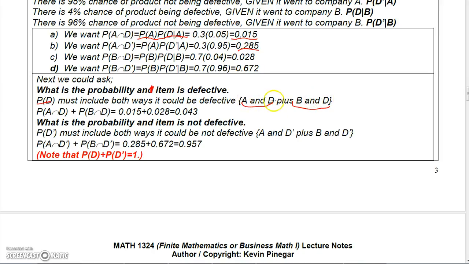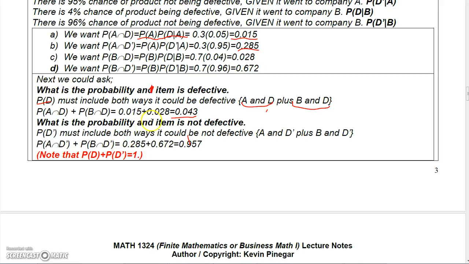So I have to add those two probabilities together. A and defective is 0.015, B and defective is 0.028. So add those two together, and you get 0.043, and that gives me the probability that it's defective. Okay, so there it is, 0.043.